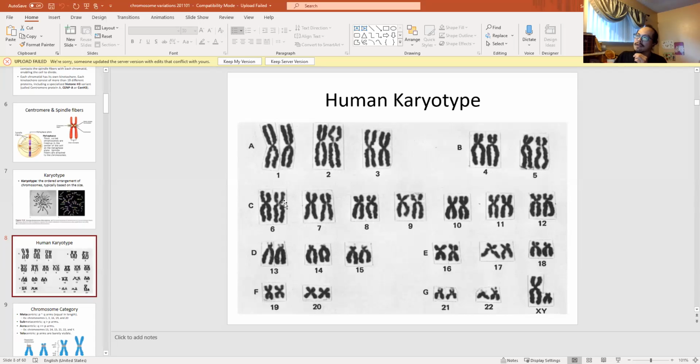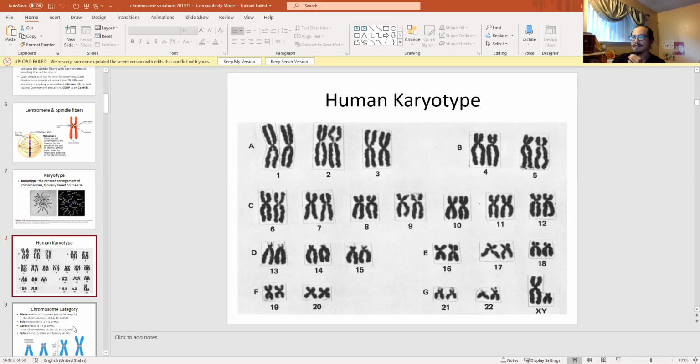From here, we can classify the chromosomes into 4 different categories, based on the length of the P arm and Q arm. As you may see here, some of these chromosomes have almost equal P and Q arms, but some have a very tiny P arm.